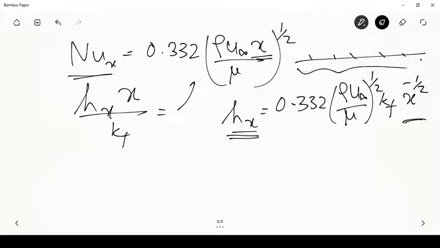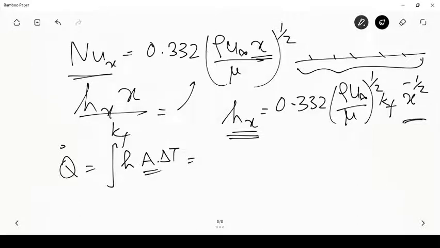Then if I want to get the overall heat transfer coefficient, I define q dot as equal to integral of h into dA into delta T. And what is the area?